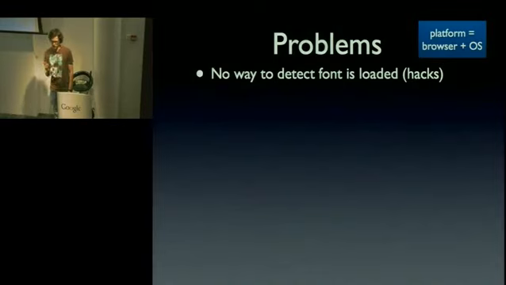If you say that if something is drawn, then it's loaded, but with a white space you don't see anything drawn. There are also some edge cases with width. So we have a hack: we load the font in an iframe, and if the iframe says it's loaded, we hope that the main frame has the font loaded as well and say it's loaded. But that's not working on WebKit in some situations.